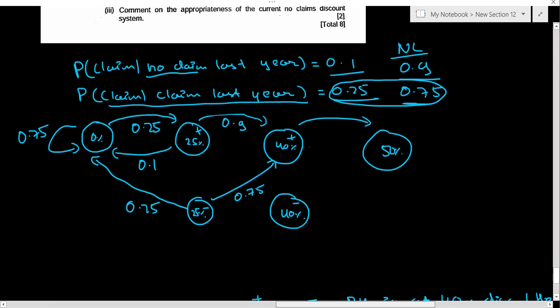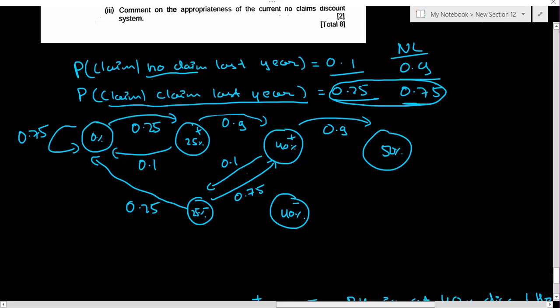Again, if you are in 40% plus, this indicates that you did not make a claim last year, so your probability of moving ahead would be 0.9, and moving back, you will go back to 25% minus, right, because this indicates that you made a claim. And this probability would be 0.1, because last year you did not make a claim, because you are in a plus state.